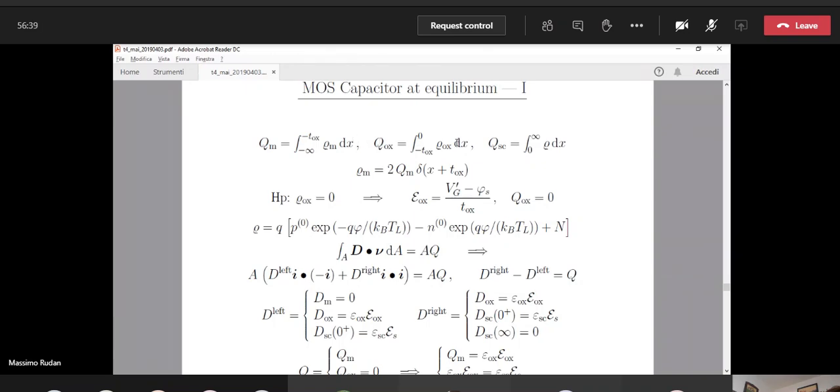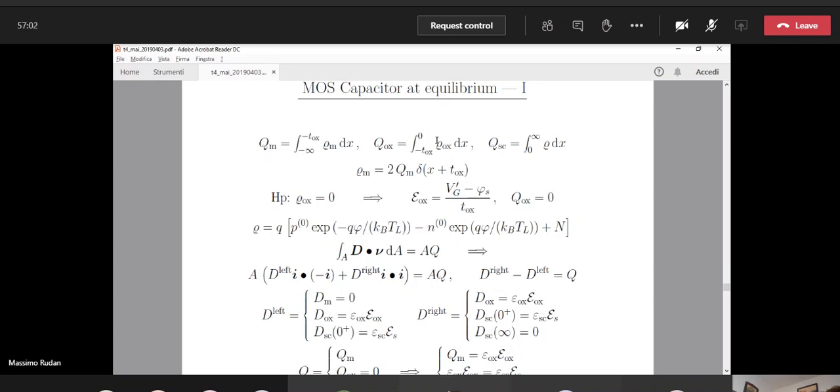Then we do the same for the oxide. So if we integrate rho sub ox, that is the charge density inside the oxide, over the extension of the oxide, we obtain Q sub ox, okay? And this is the charge per unit area in the oxide. And in this analysis, we assume that it is 0.